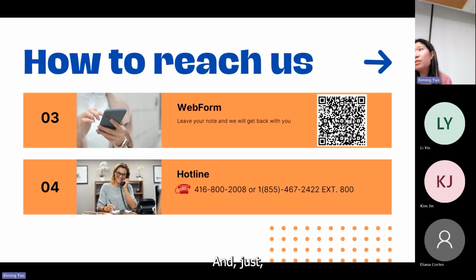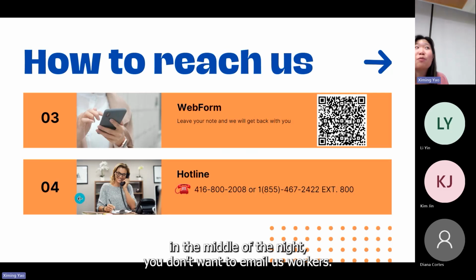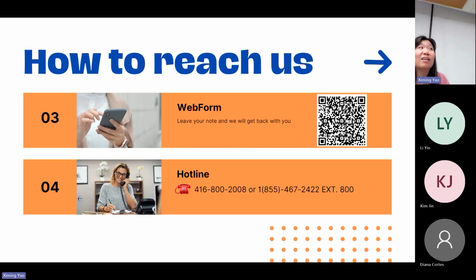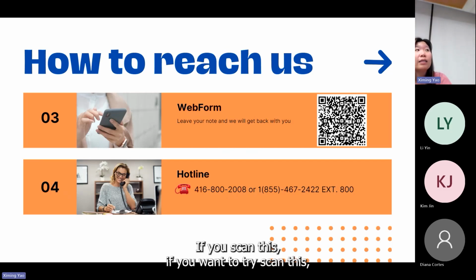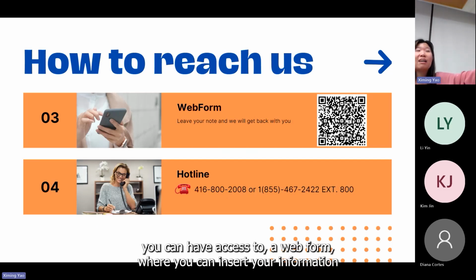And in case you are having an issue in the middle of the night, and you don't want to email us or just want to send us the information, you can access our service through a web form as well. There's a QR code here. If you scan this, you can have access to a web form where you can insert your information.